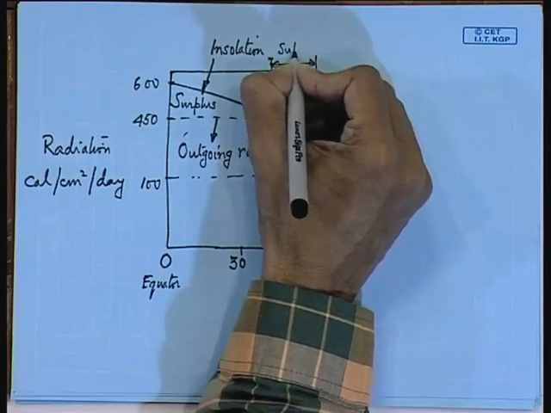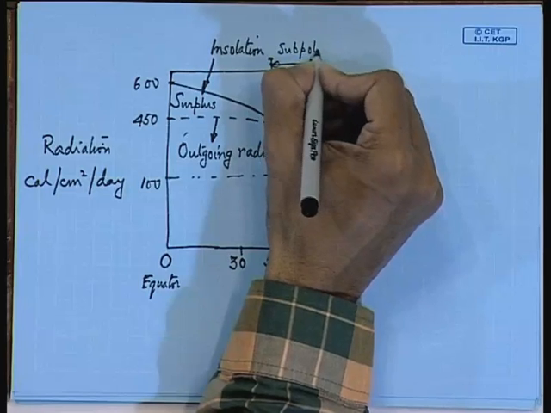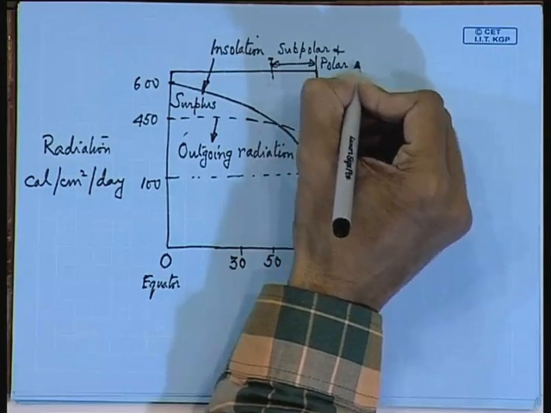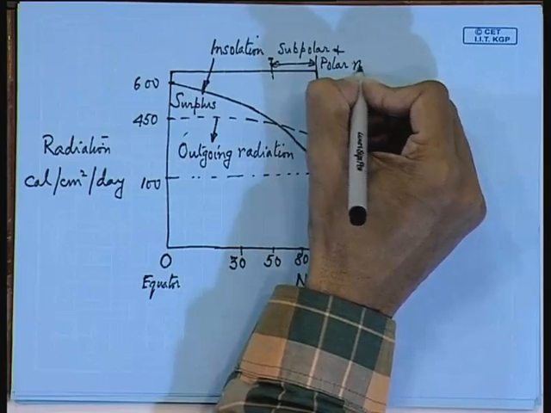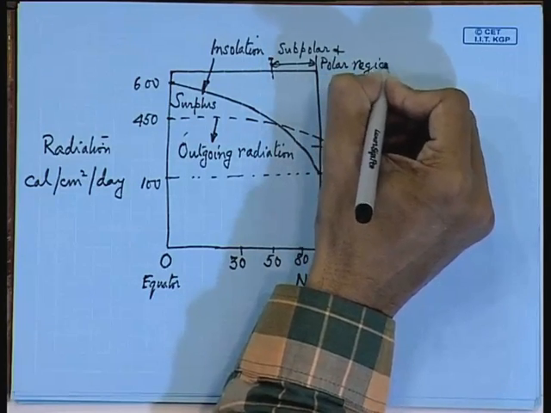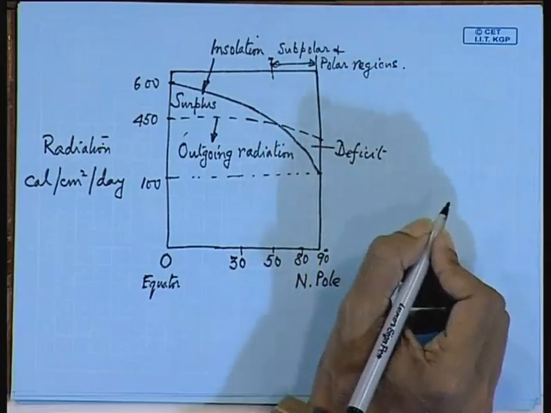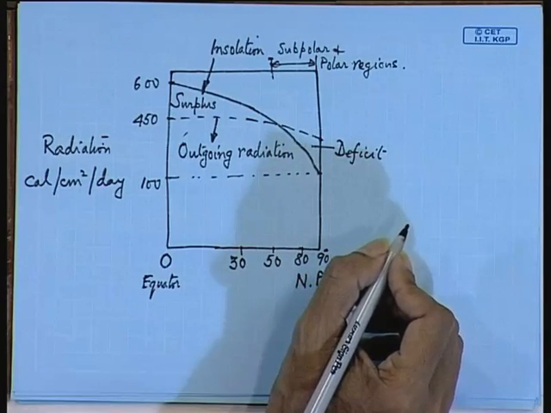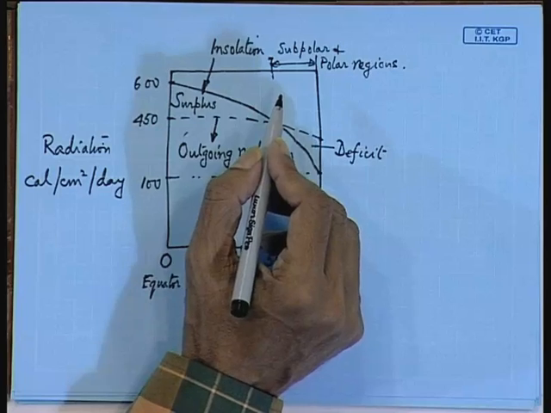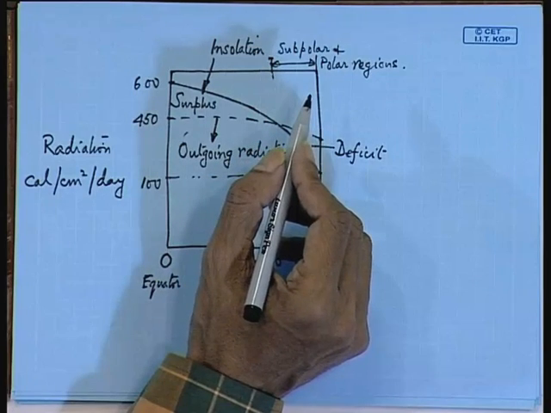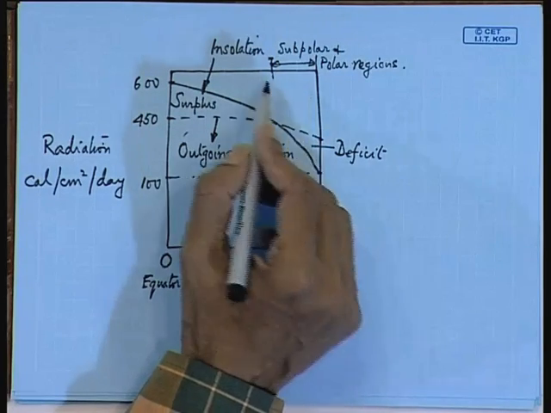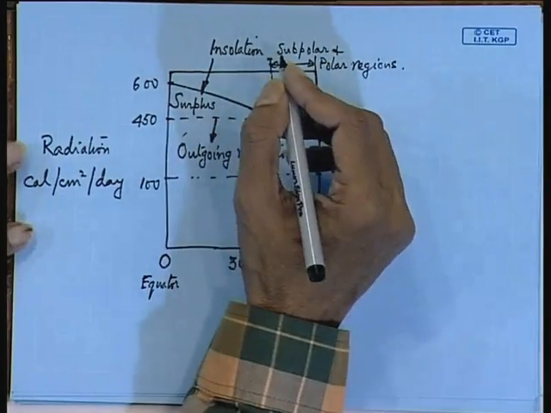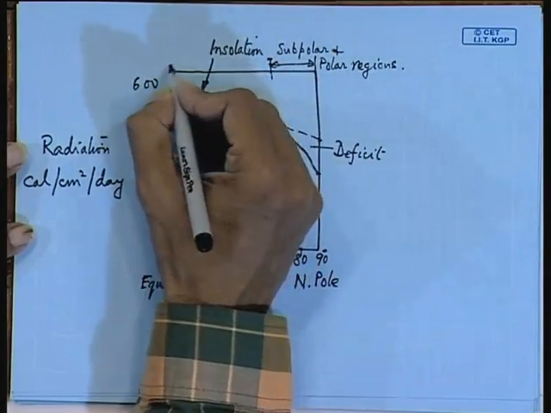Here the heat loss is more, that is why this region is cold. So, this region must be away from the sun, and that which is nearest to the sun you have insolation. So, this is the tropics and subtropics.